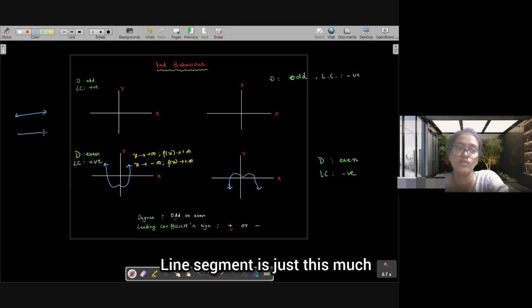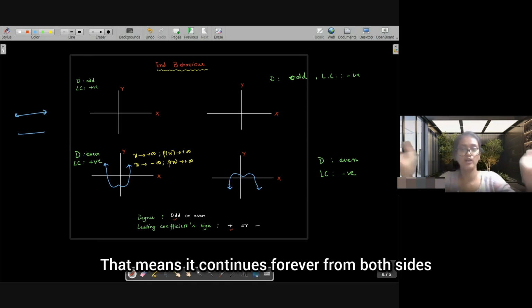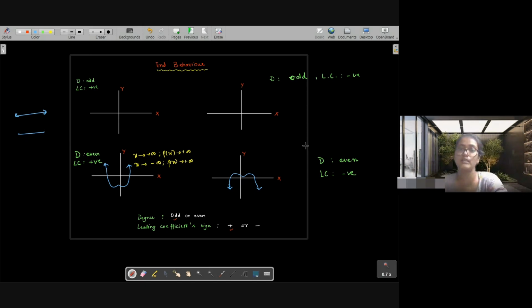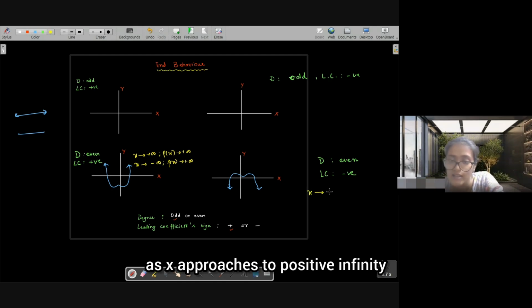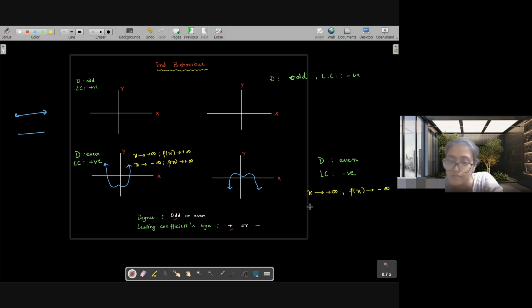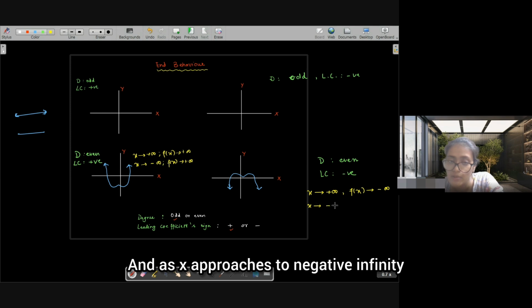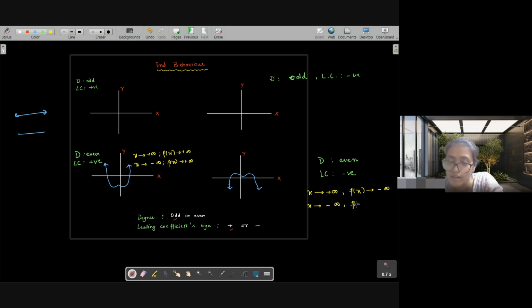A line segment is just this much, but a line will have arrows. That means it continues forever from both sides. So for the fourth case, as x approaches positive infinity, f of x approaches negative infinity. And as x approaches negative infinity, f of x still approaches negative infinity.